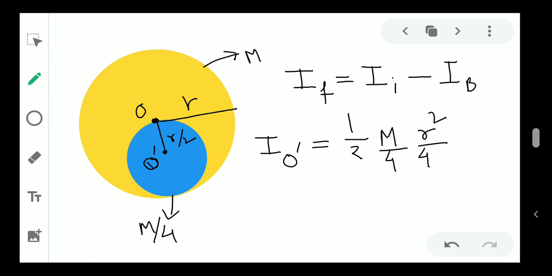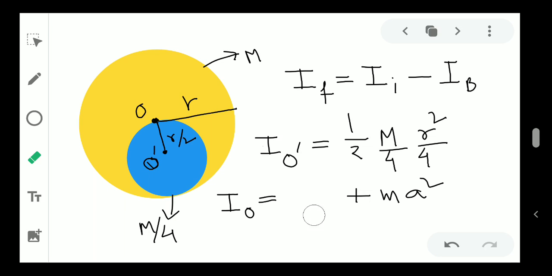But the new moment of inertia about the O point will come from the shift. The parallel axis theorem says that whatever is the initial, plus m, the mass, into a square. That was the general formula. So I will just replace everything.